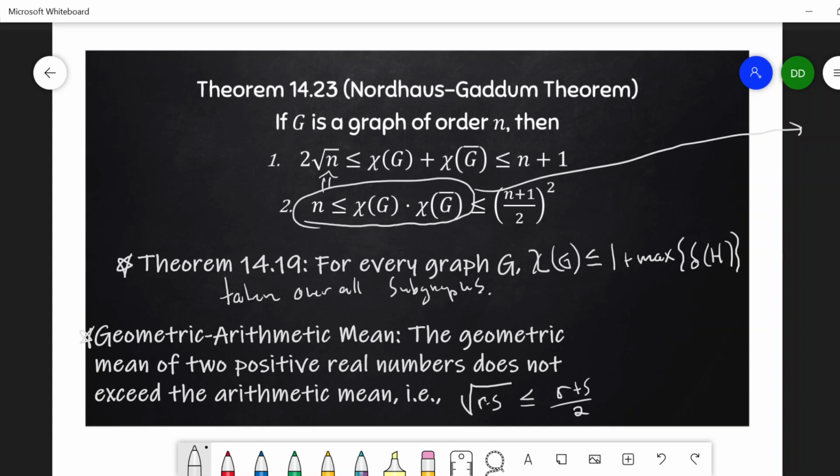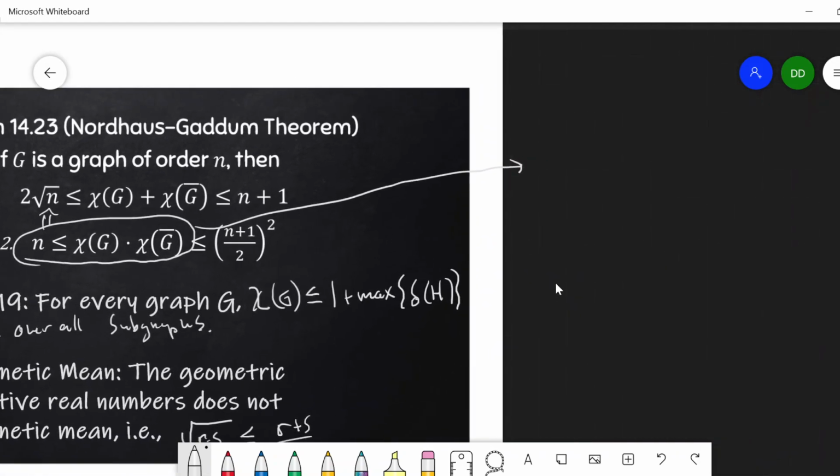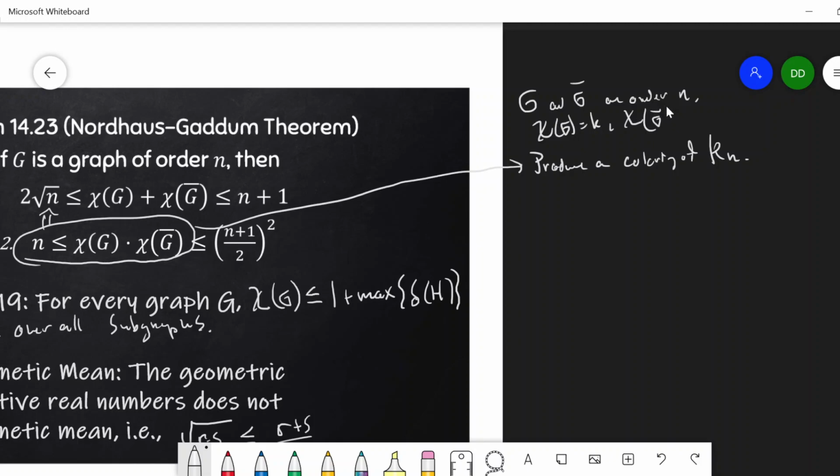So how do we get this bound? So let's say G and G complement are order n. We'll produce a coloring of Kn, and let's say the chromatic number of G is equal to k, and the chromatic number of the complement of G is equal to l. We're going to produce a coloring of Kn using kl colors.